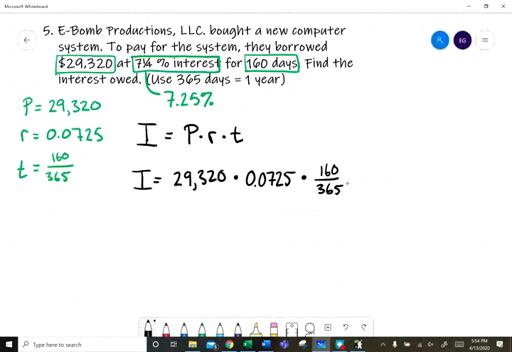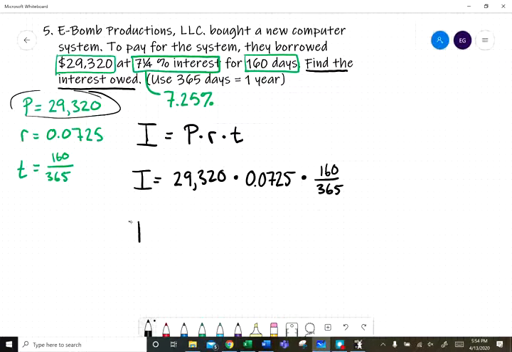And the problem that we're trying to answer here is find the interest owed, not find the total amount, just what is the interest fee, what is the interest charge.